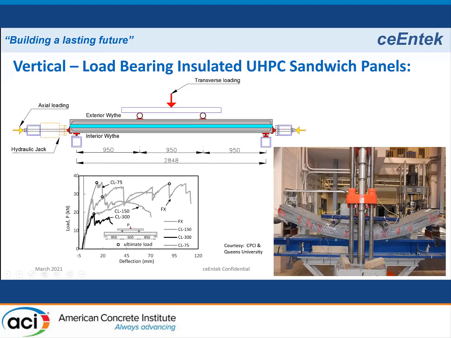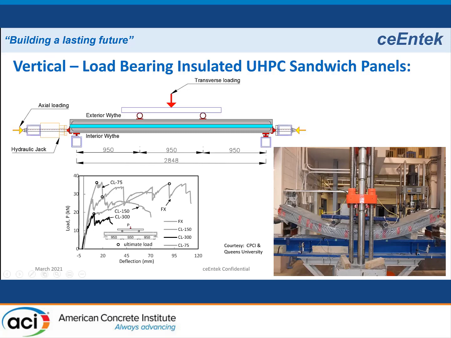So you need more stiffness in order to avoid this kind of deflection. So this was the first round of testing without ribs, and then the ribs were implemented in the second round of testing to improve the stiffness of the structure. This is work that was done at Queen's University with CPCI.